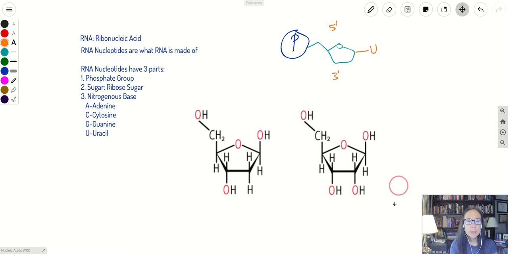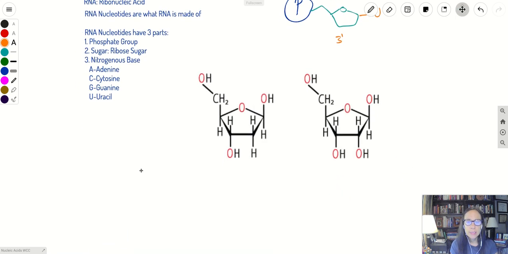But what is different between RNA and DNA is that RNA is not double-stranded the way DNA is. It is single-stranded. So I'm going to write that down. RNA is single-stranded, unlike DNA. So instead of having the ladder that has two sides, you just have a single-sided ladder.